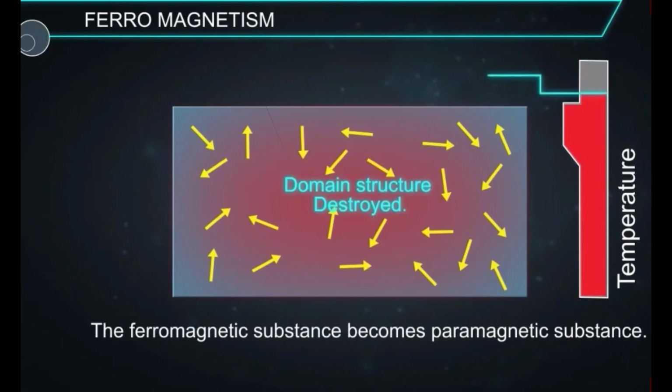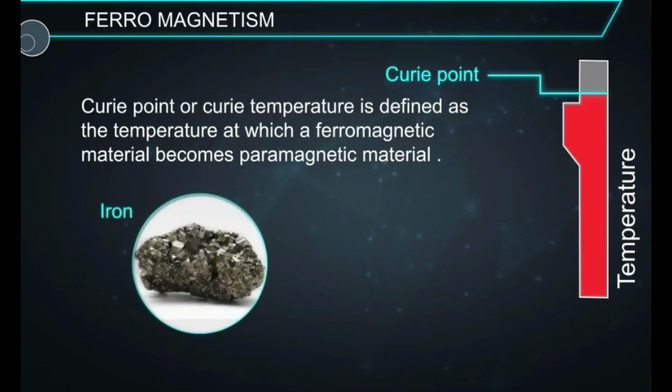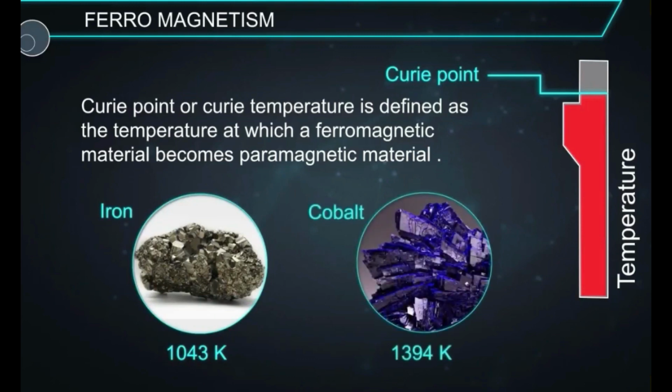This particular point is called the Curie point. Curie point or Curie temperature is defined as the temperature at which a ferromagnetic material becomes a paramagnetic material. The Curie temperature of iron is 1043 Kelvin and for cobalt is 1394 Kelvin.